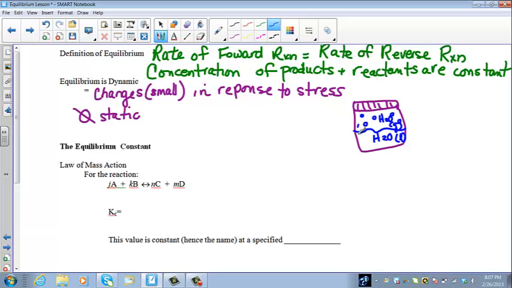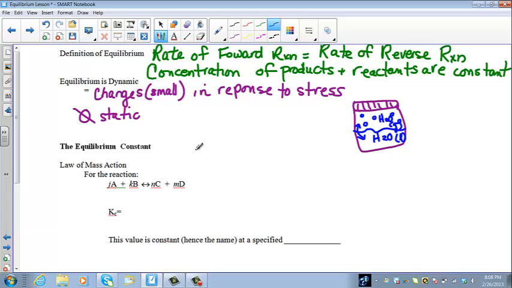The rate at which the liquid is turning into a vapor and the vapor is turning into a liquid is equal. If I open the container, of course, then I'm not going to have any equilibrium because all the water will evaporate. So that's really important when we said that it has to be in a closed system.